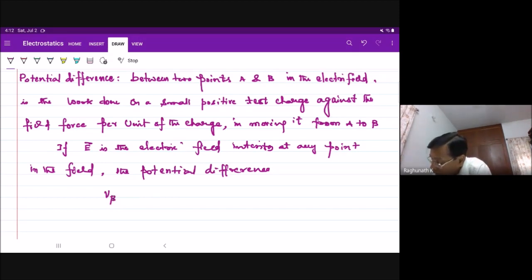So VBA equal to minus integral point A to B E bar dot dl bar is what we discussed yesterday.